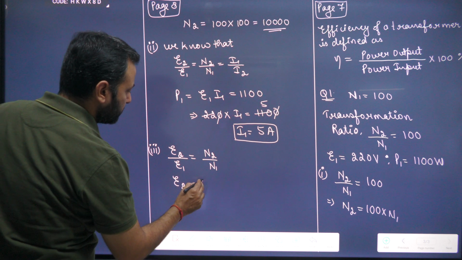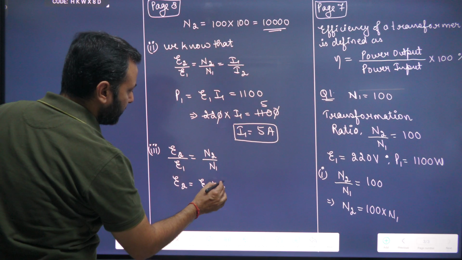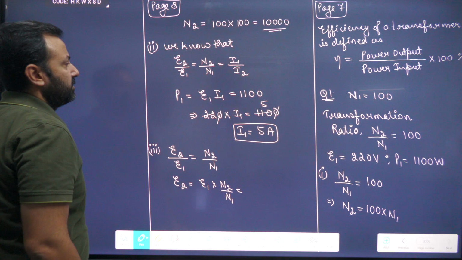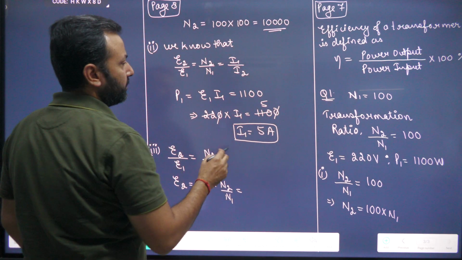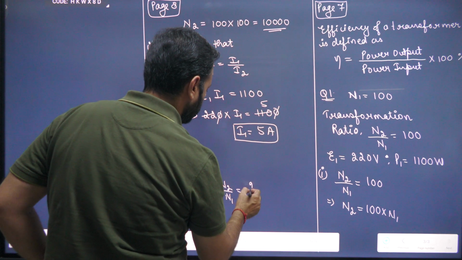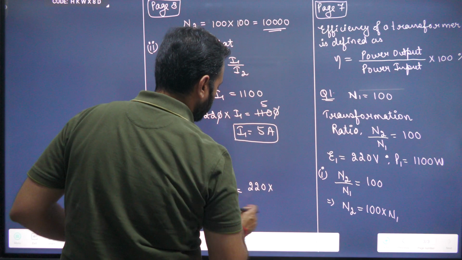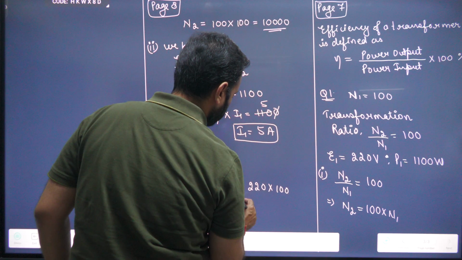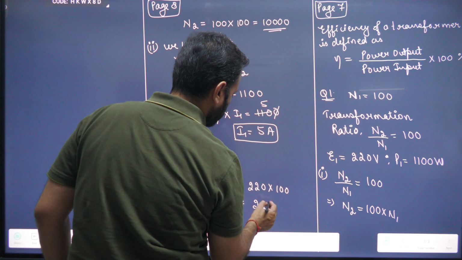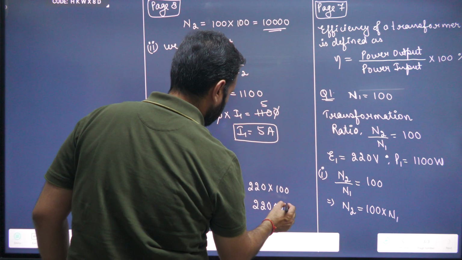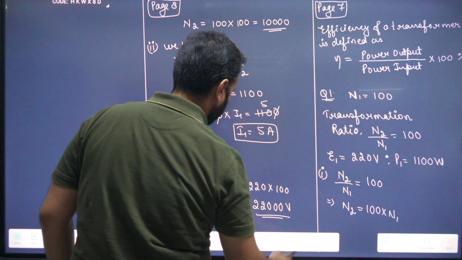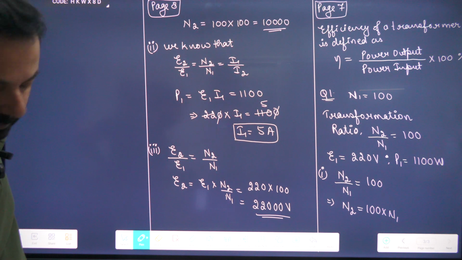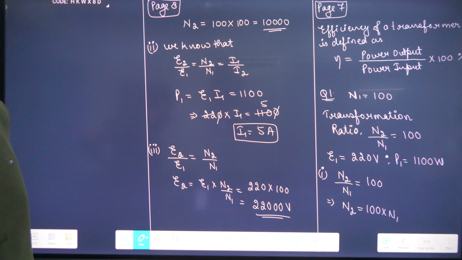So E2 is equal to E1 multiplied by N2 upon N1. So what is E1? E1 is 220 and N2 upon N1 is 100. So 22,000 volts. This one is E2, 22,000 volts.